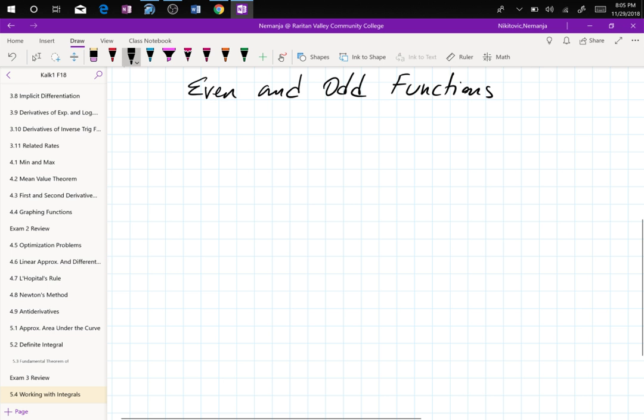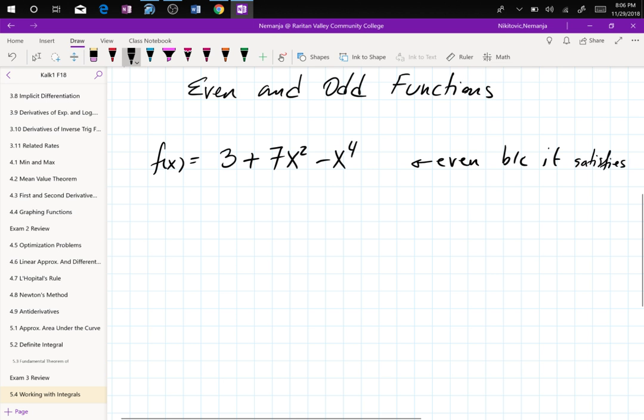Say maybe you have f of x is equal to 3 plus 7x squared minus x to the 4th. Function like this would be even because it satisfies f of negative x is equal to f of x.